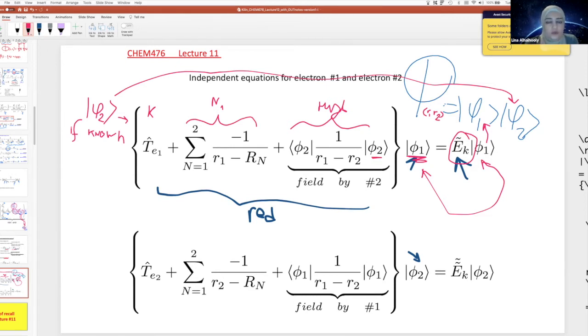So electron 1 and 2, we can describe their action if we know the kinetic energy and how they interact with the nuclei, just using the wave function of the second electron for electron 1. So we just need the phi 2, and of course we will solve for phi 1 and vice versa for the second electron. So I think it's clear for me. Okay. I like the equations. Thank you.